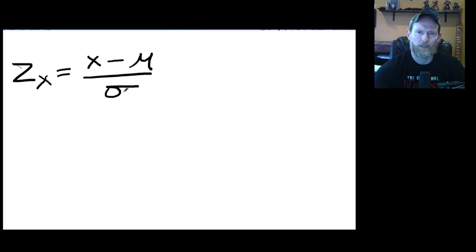So again, with single values, we have single value x minus mu over the standard deviation. With the probability of the sample mean, I'm just going to put the changes in red.